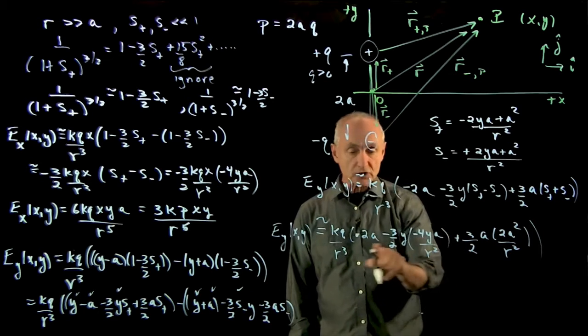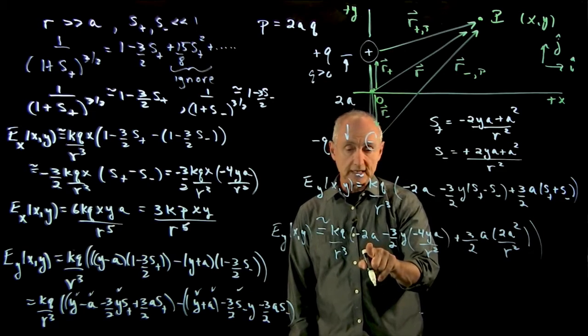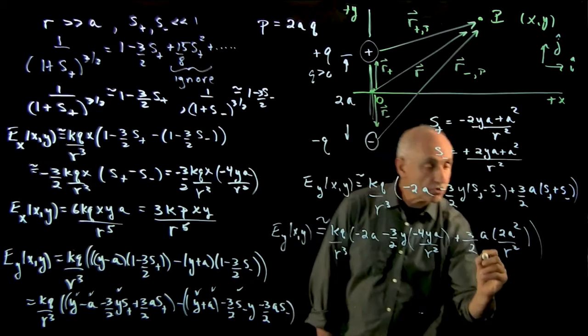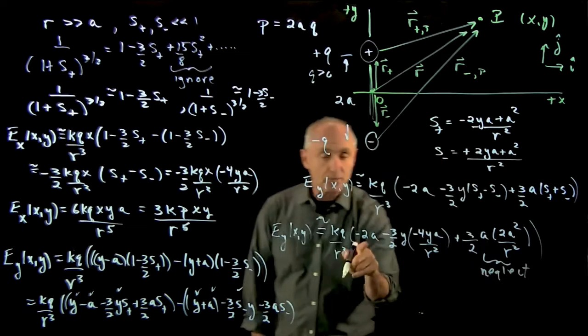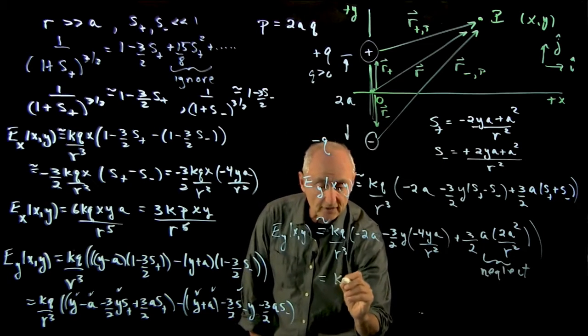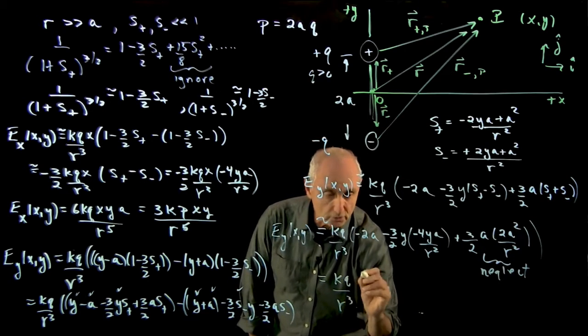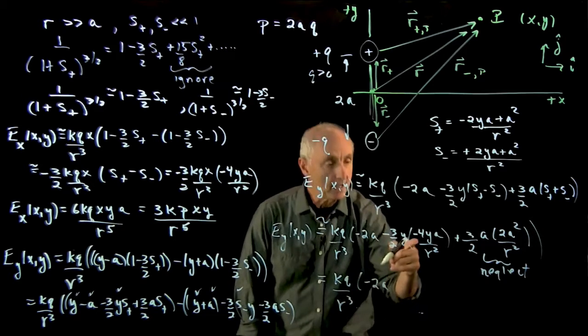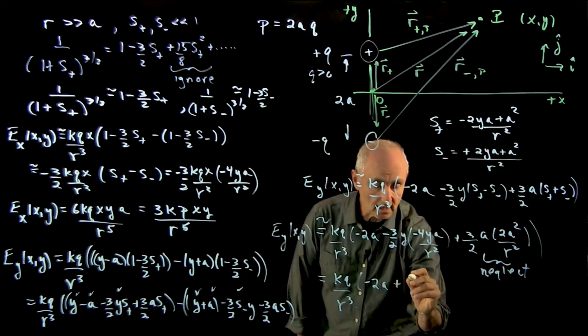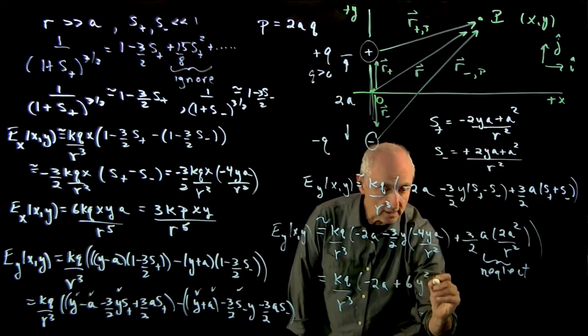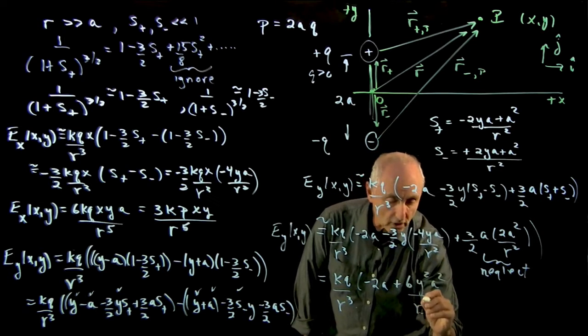So this term is much smaller than that term, which we can neglect. And so this term we're going to neglect because it's much smaller than the leading order term. And we have kq over r cubed times minus 2a. Over here, we can write that as 6y squared a squared over r squared.